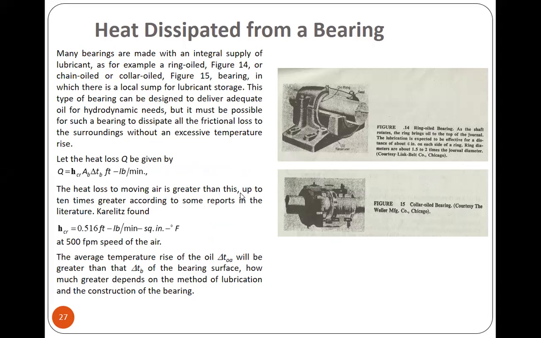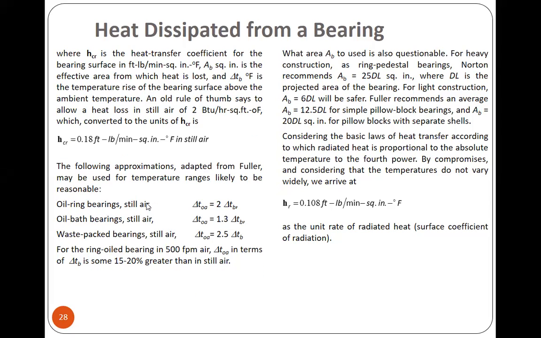Okay, balikan natin to. Ito, the heat loss to moving air is greater than this. Ibig sabihin, lakas ng hangin. So dito, normal lang. So, delta T sub B is the temperature rise of the bearing surface above ambient temperature. Okay?